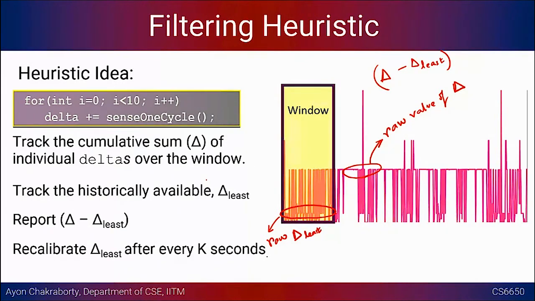Although this difference is also going to reflect some of it, this is going to take away the problem that we saw earlier, or the problem we see in the current plot. So we will see how this heuristic implementation looks like. Instead of reporting the value of delta and plotting that, what we are going to do now is keep track of this delta minus delta list.